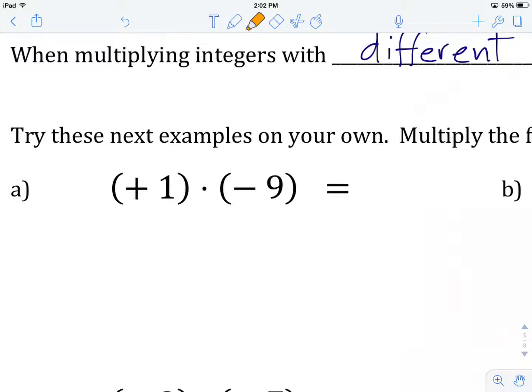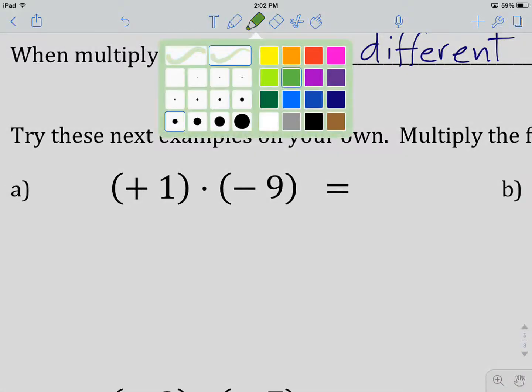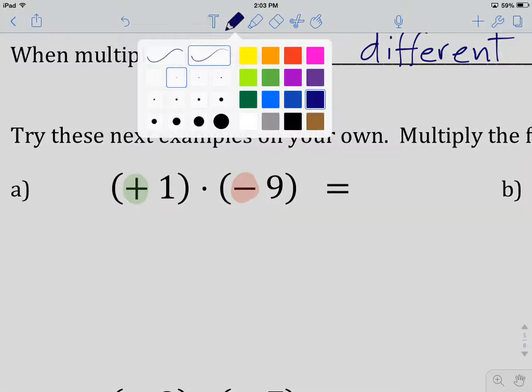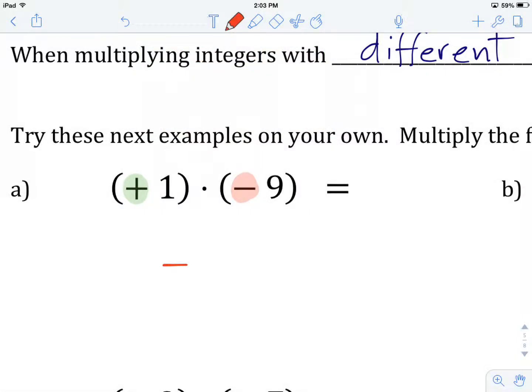In looking at this, I see that my first integer is positive, and my second integer is negative. And I recall that when I multiply integers with different signs, my answer is going to be negative. So I write down the negative first, and then I multiply the numbers themselves. 1 times 9 gives me 9. So hopefully that's what you got.